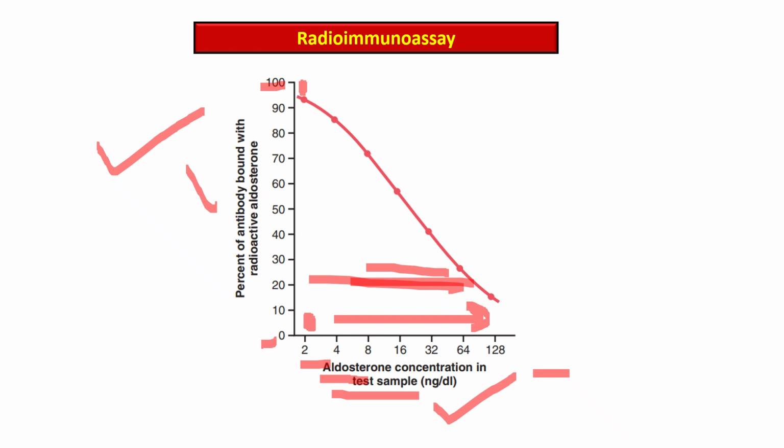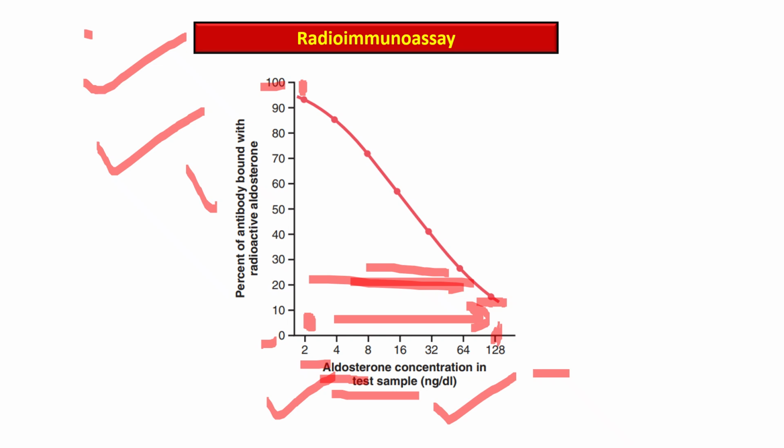At high concentration, at about 128 nanogram per deciliter, only a small fraction of the antibody is bound to the radioactive form. This shows the concept of competitive binding. Unlabeled or cold aldosterone competes with the labeled radioactive aldosterone for a limited number of antibody binding sites.